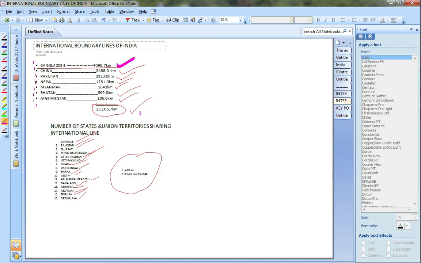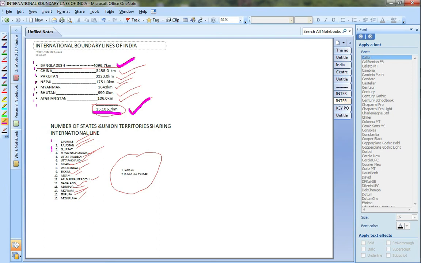106 km. Yes. The total length of the boundary line of India is 15,106 km. Then again, which states are sharing land boundaries with our neighborhood countries?